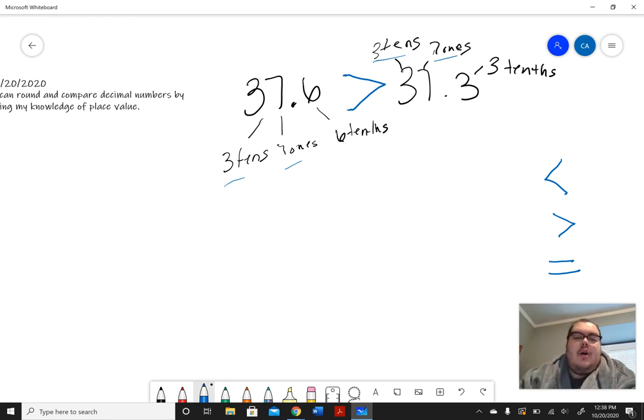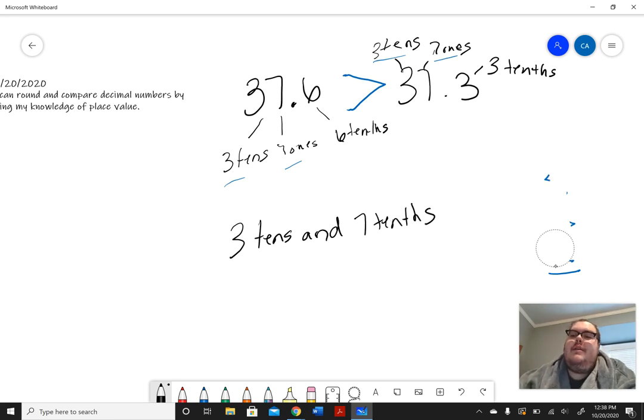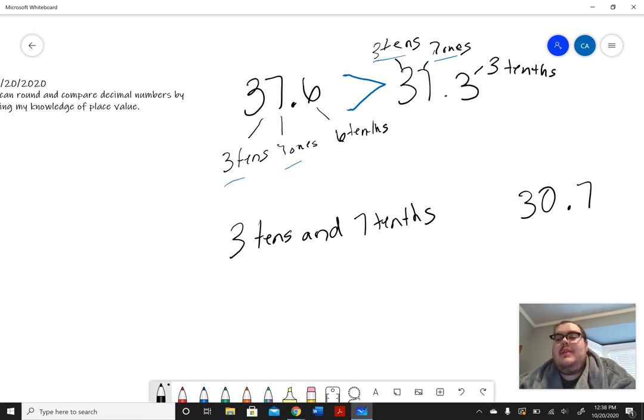All right. You'll also see today numbers that might look like this: 3 10s and 7 10ths, compared, and they want you to compare it to something like this. Okay. Well, this is where our skill of being able to write numbers comes into play. So just like yesterday, we can take this word form and convert it into a standard form.